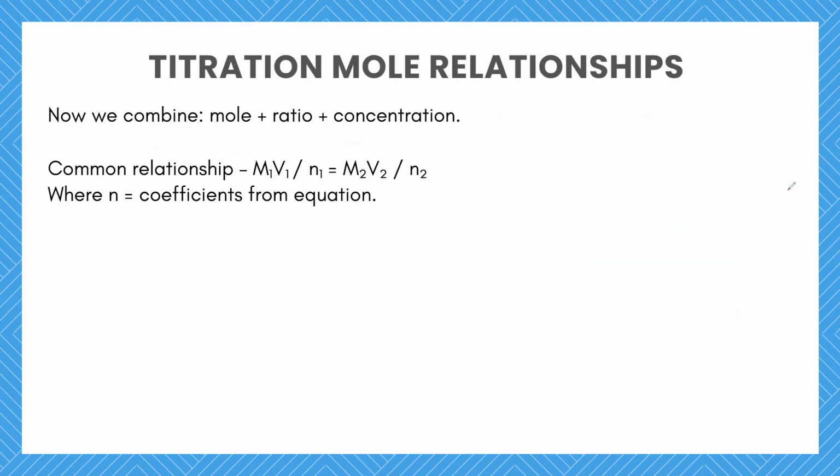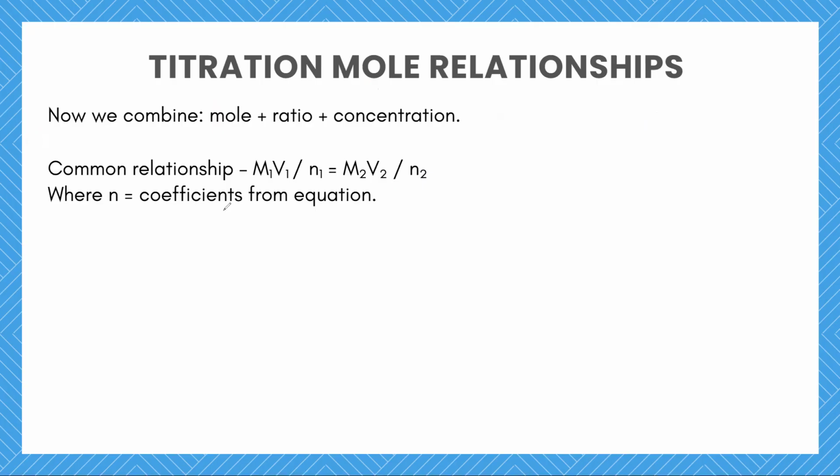So that brings us to the next topic we want to talk about in this video, which is the titration mole relationships. Don't worry, we won't be going in depth into this one, because the video has become quite lengthy already. But at this point, we want to talk about the combination of mole ratio and concentration.